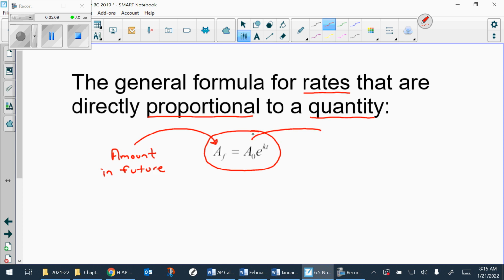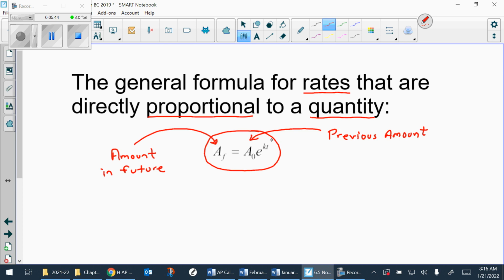A sub 0 is usually the initial amount. Now, not always. You're not always told what the value is at a time of 0. So what I'm going to call this is a previous amount. And certainly the amount at 0 is previous to any other amount. But again, we aren't always told the amount in the beginning.